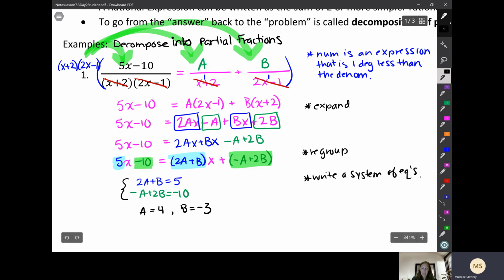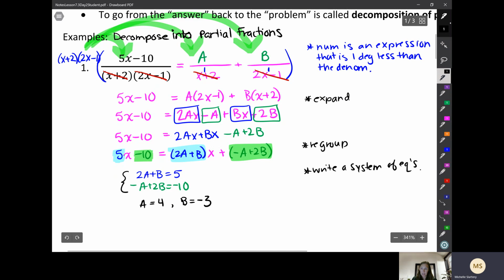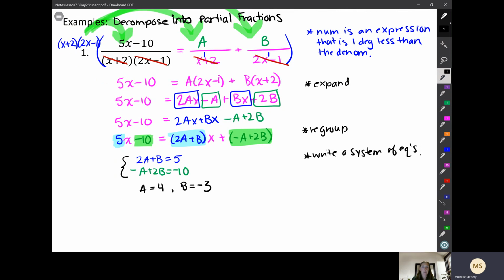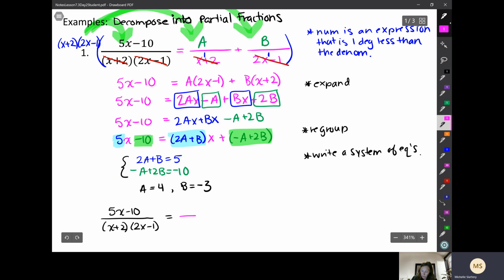Now that we know a is equal to 4, b is equal to negative 3, we're just going to write out our final answer. So the final answer is we have our original problem, 5x minus 10 over the quantity x plus 2 times the quantity 2x minus 1. We decompose this into, we said our a was over the x plus 2 plus the b was over the 2x minus 1.